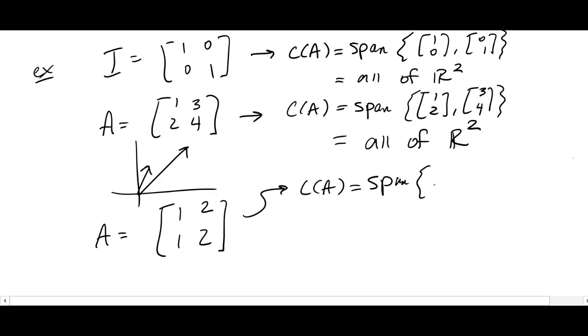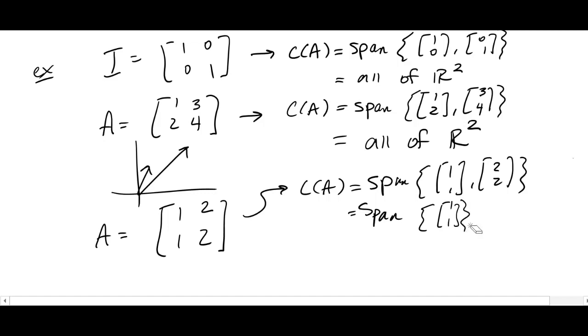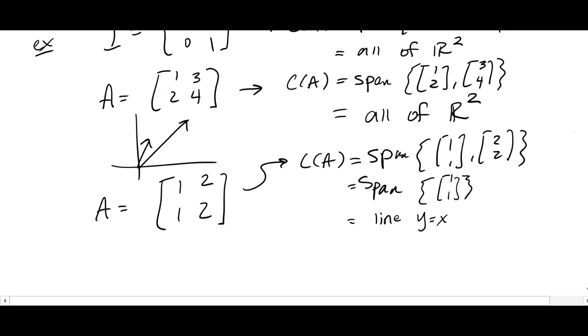But (2, 2) is already a linear combination of (1, 1), so this is just the span of (1, 1) by itself, which is not all of R2. It's just the line y equals x again. Column space of A is that line.